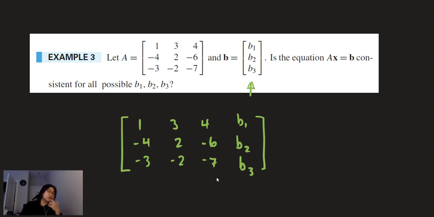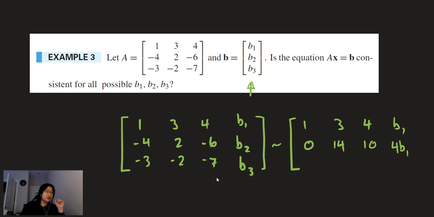So, what should we do? I like this first row, so just keep that there: 1, 3, 4, B1. Let's take 4 of our row 1s and add them to row 2. And so we get 0, 14, 4 times 4 is 16, minus 6 is 10, and then we have 4 B1s plus B2.